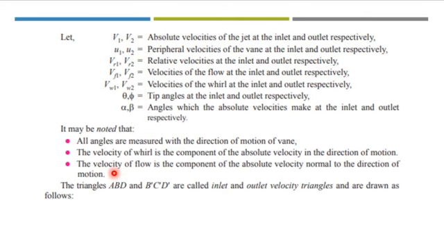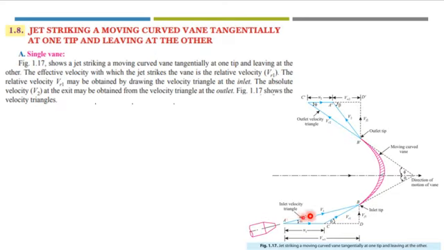It may be noted that all angles are measured with the direction of motion of the vane, and the velocity of whirl is the component of absolute velocity in the direction of motion, and velocity of flow is the component of absolute velocity normal to the direction of motion. This means that if you resolve the absolute velocity into x and y components, then you get whirl velocity and flow velocity.